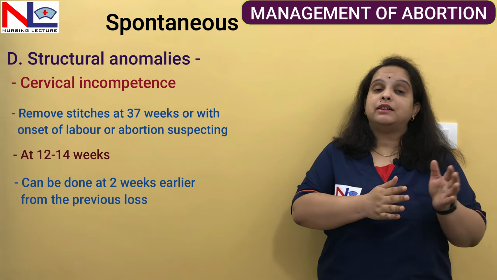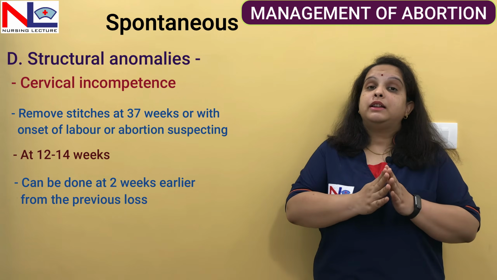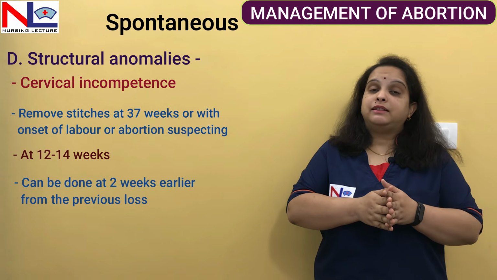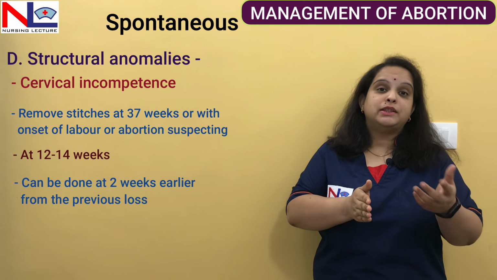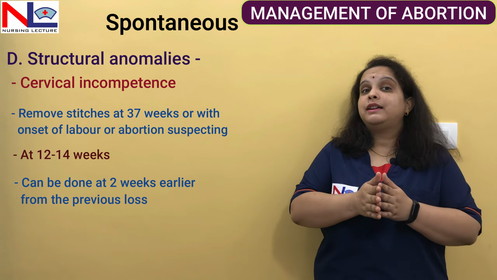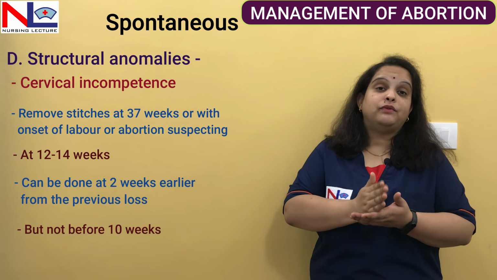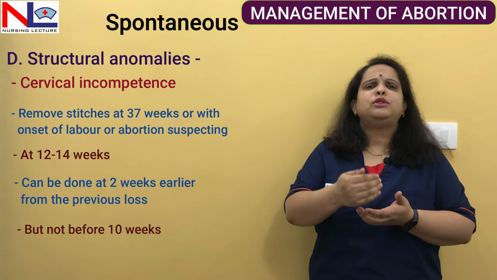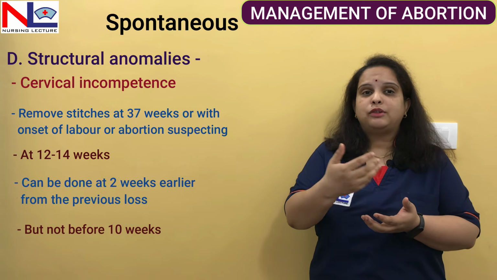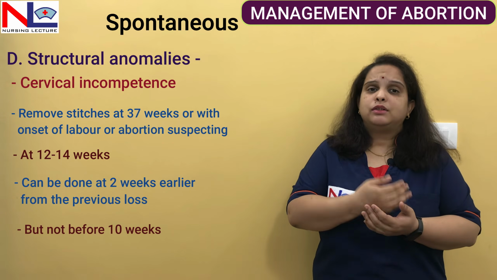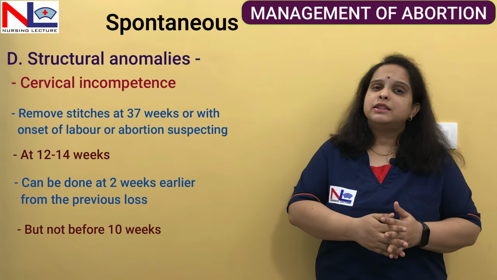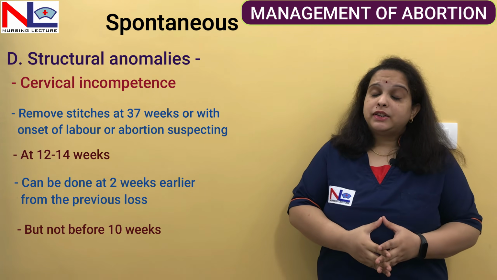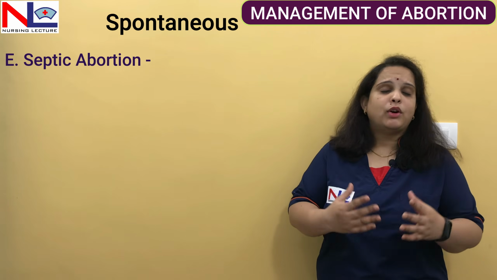Suppose the woman had an abortion previously at the 13th week, then this time we can perform this procedure at 11 weeks, 2 weeks prior, but it should not be done before 10 weeks of gestation, because by 12 to 14 weeks we can rule out any other causes for abortion, and then make the cerclage procedure.